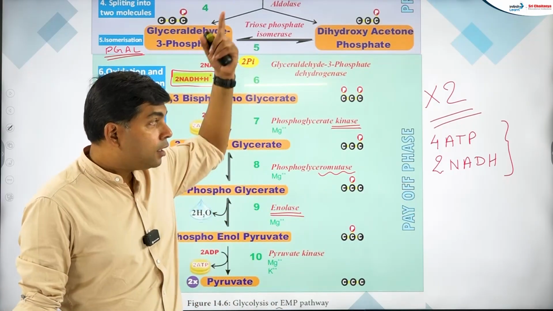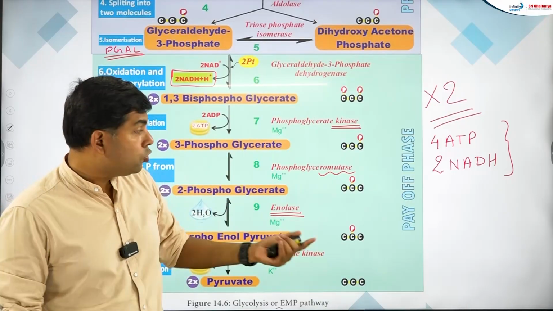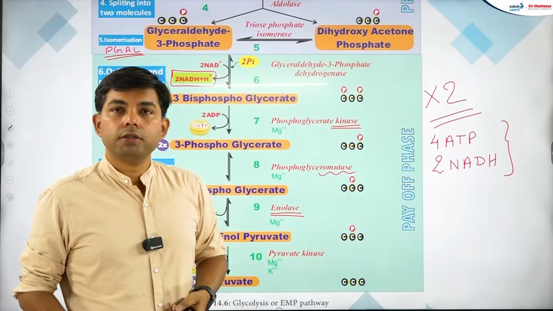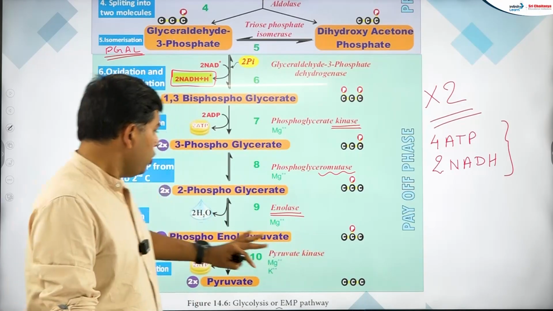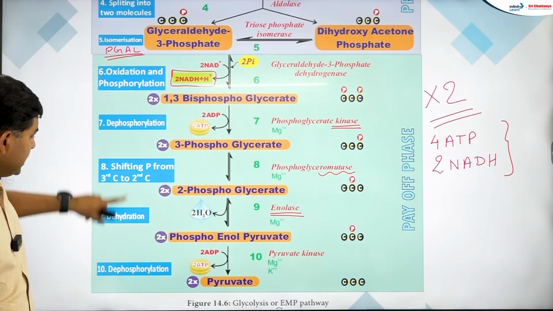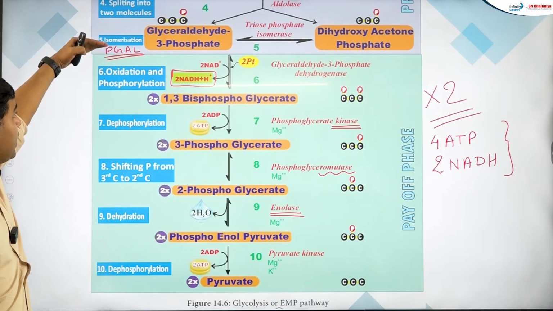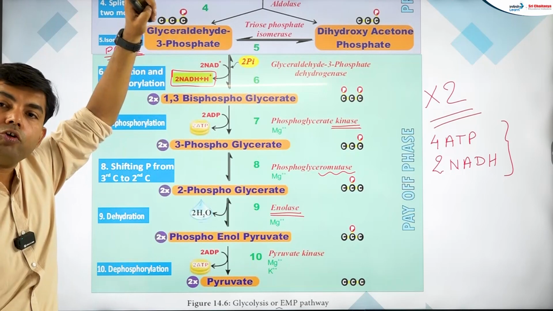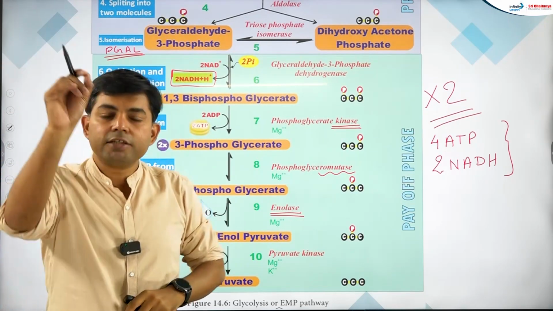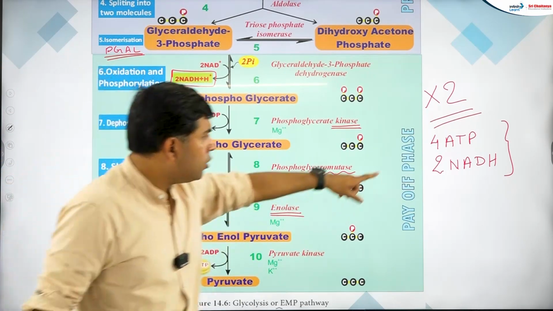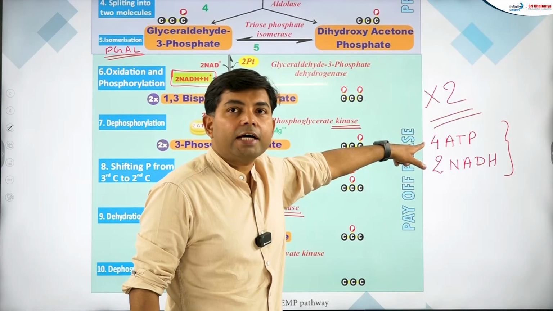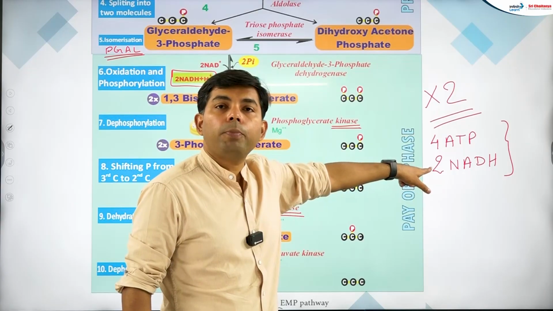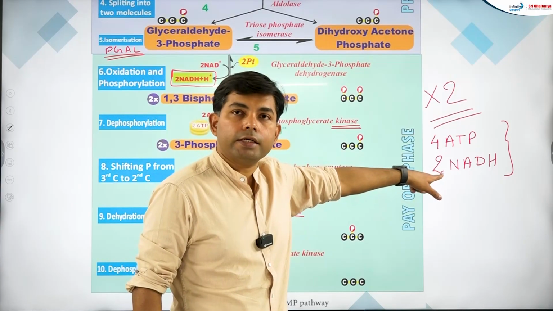And in the overall, if we summarize, in preparatory phase 2 ATP was consumed. So overall, see, these are the 10 steps. 5 steps go into the preparatory phase where 2 ATP was used. So there we will write minus 2 ATP, and here 4 ATP is produced, so plus 4 ATP, and 2 NADH is produced, that is plus 2 NADH.